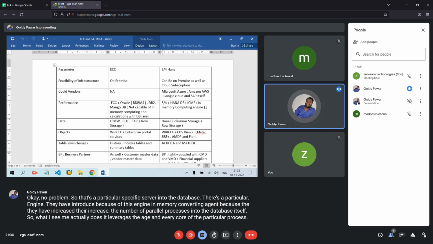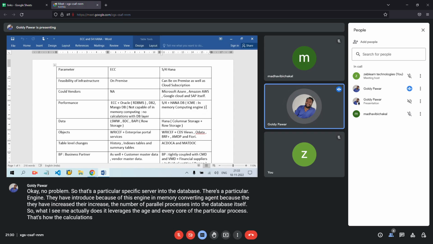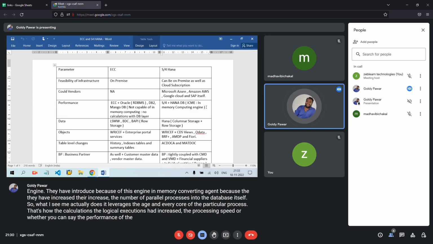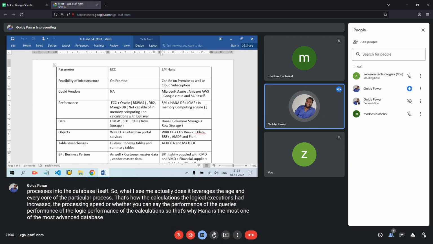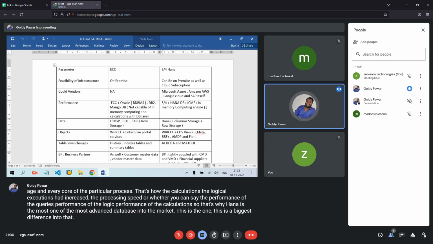That's how the logical executions and the processing speed increased, or you can say the performance of the queries, the logic and the calculations. That's why HANA is one of the most advanced databases on the market. This is the biggest difference at the database layer.